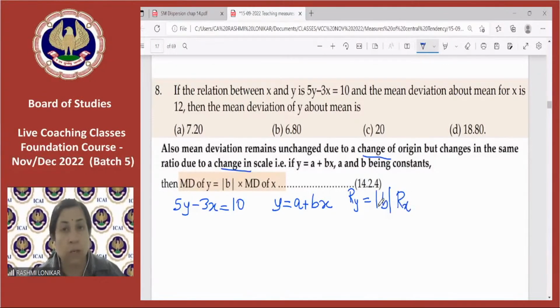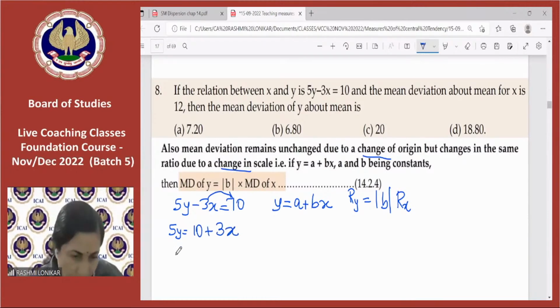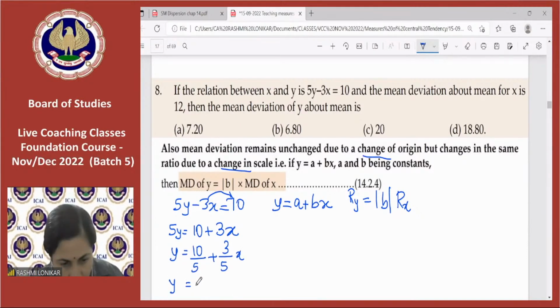What is mod b? It means you are going to take only positive values. So 5y is equal to 10 minus 3x. I take it to this side, it becomes plus 3x. So 10 plus 3x. So y is equal to 10 upon 5 plus 3 upon 5 into x. So this is same as y is equal to a plus bx.